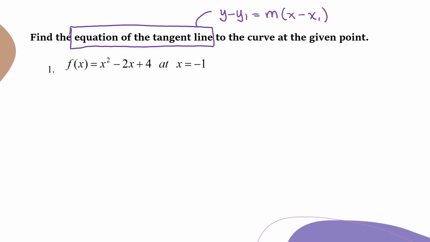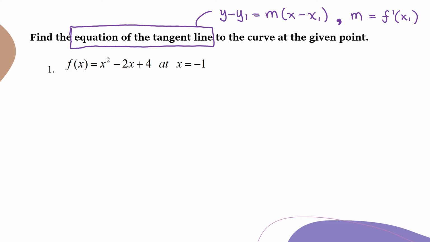And we know that the slope of a tangent line, m, where m is equal to f prime of whatever point we're interested in. So that means that we need a point and we need a slope. So let's do that for this one.